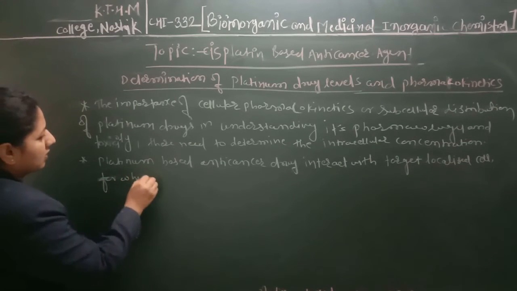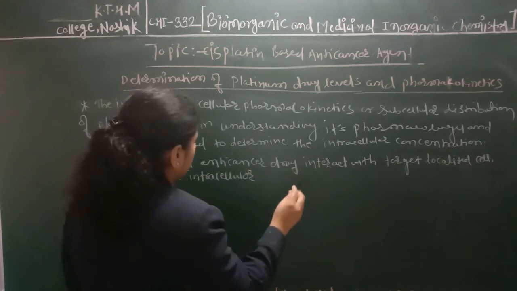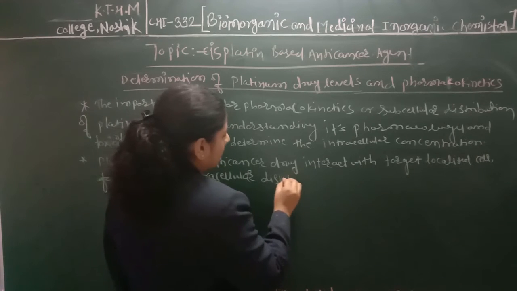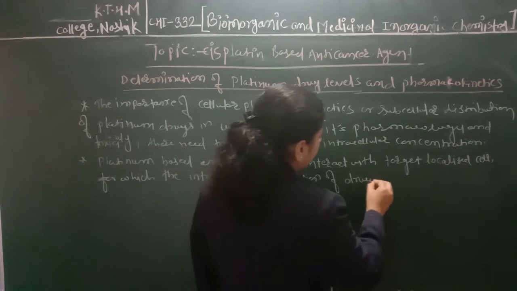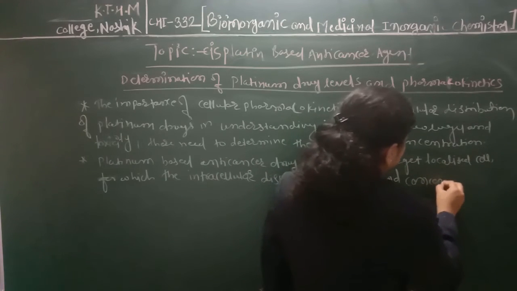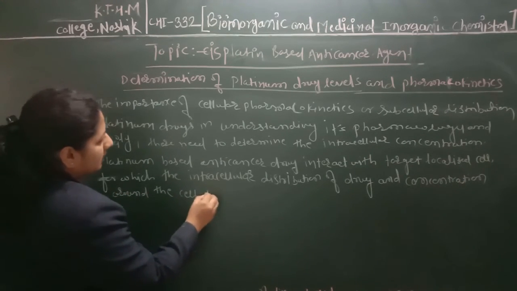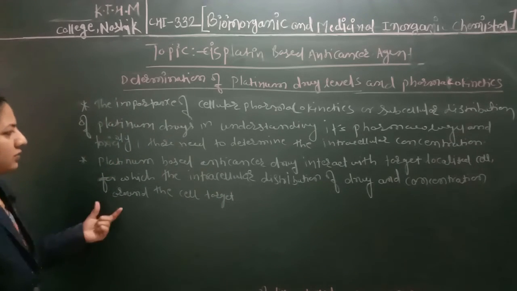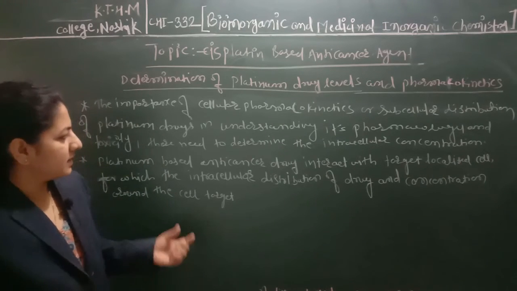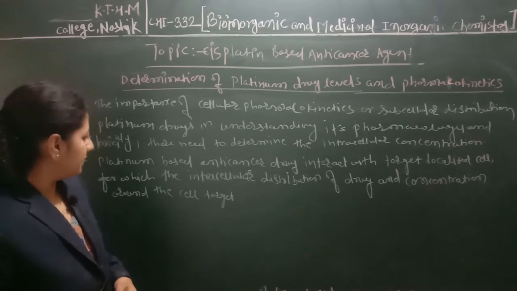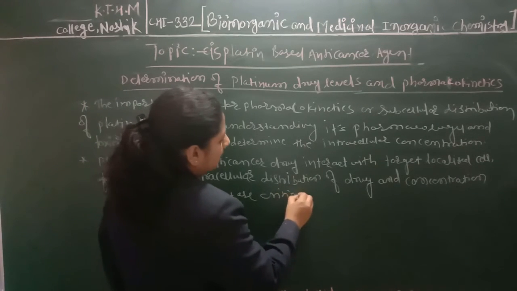Actually, platinum-based anti-cancer drugs like carboplatin, cisplatin, and oxaliplatin target the cells and interact with the target localized cells, and the intracellular distribution of the drug and its concentration around the cell target is critical to efficacy.